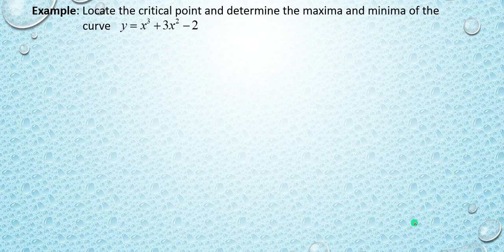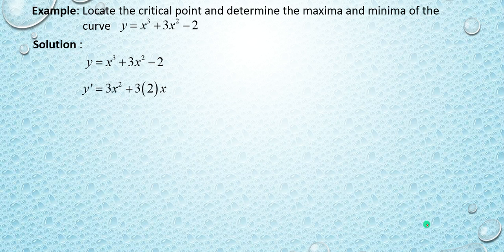As an applied example, locate the critical point and determine the maxima and minima of the curve y equals x cubed plus 3x squared minus 2. We have the solution from the original equation of the curve.